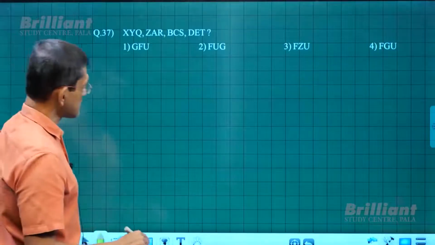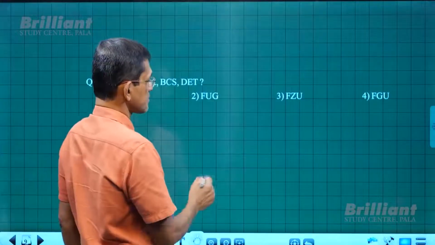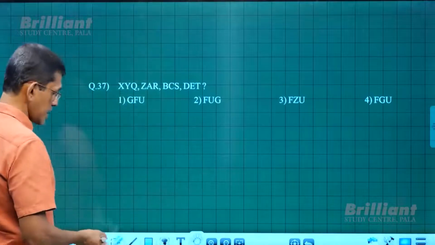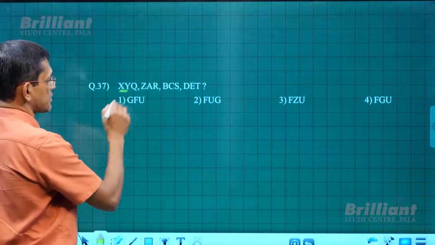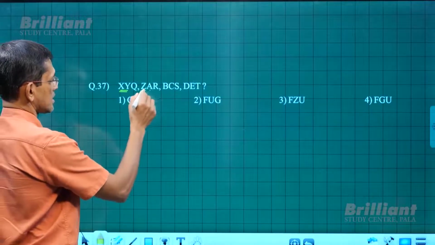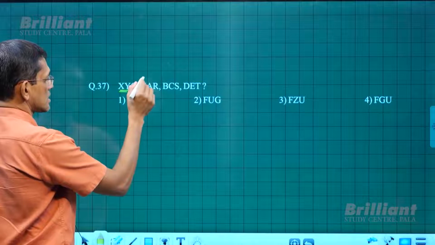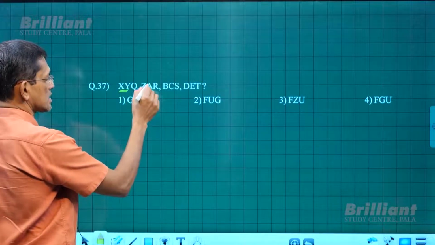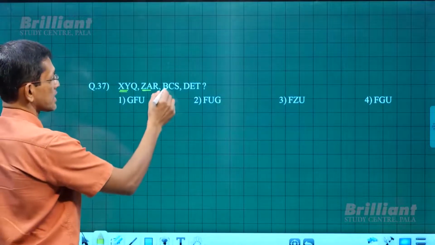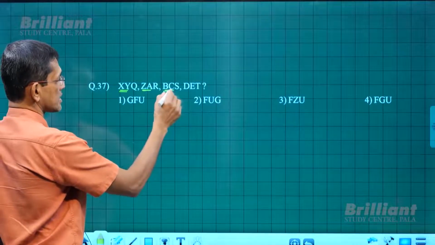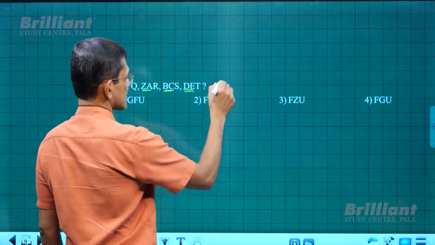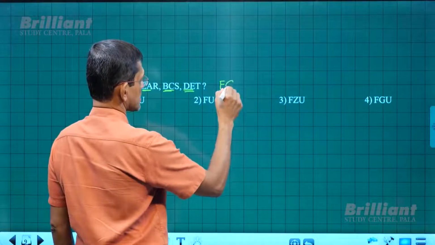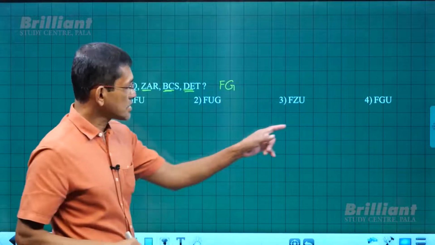Now, question number 37. We have XY. Then we have Q. Then ZA. So XY, next letter is Z, next letter, if you continue, A, then we have B and C. Then we have D, E. So that means the first two letters of the answer are F and G. So how many answer choices with F and G?